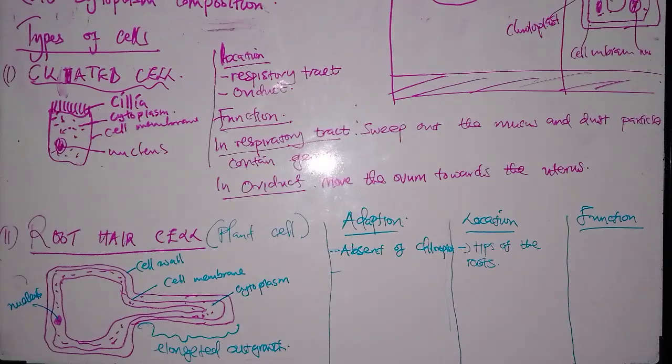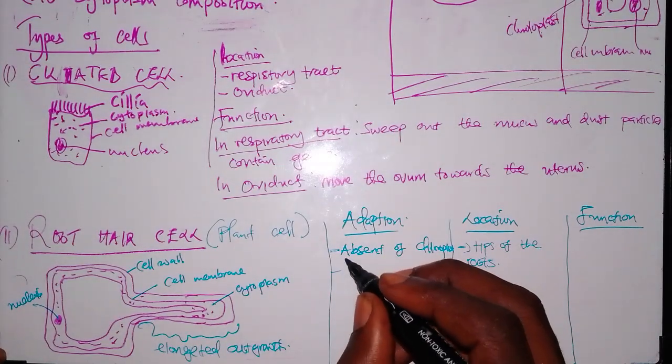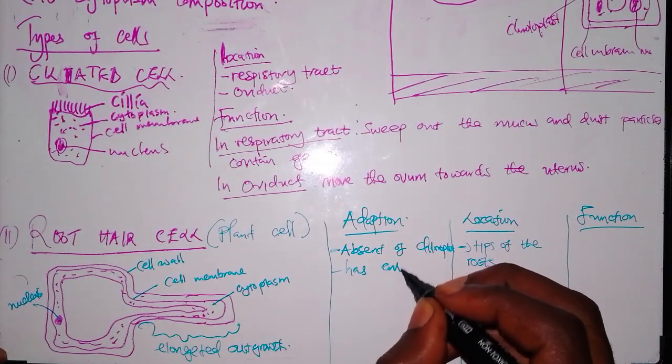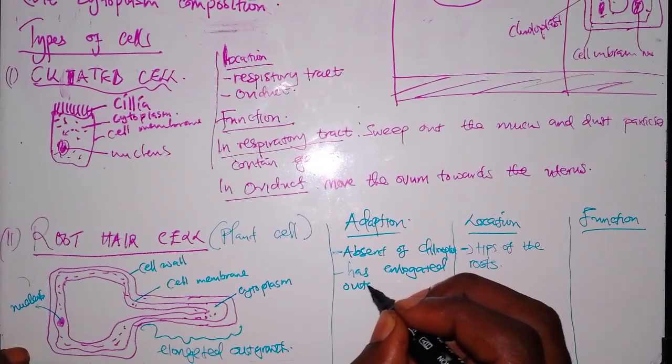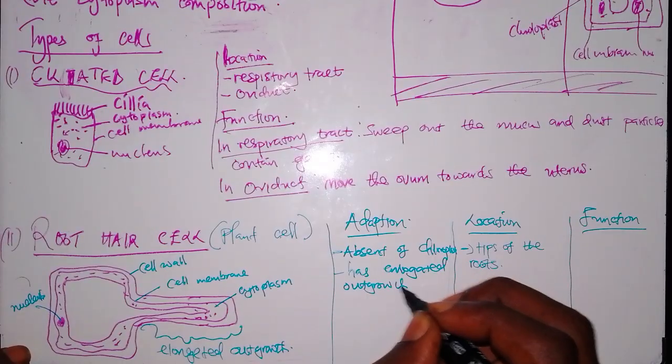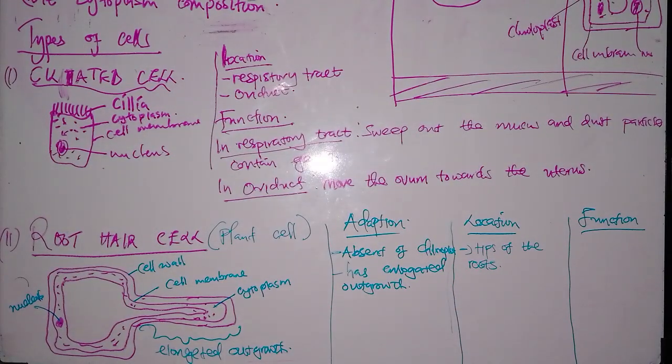To the root hair cell. So it has an elongated outgrowth. Now this brings us to our question: what is its function? Because we are seeing that it has the absence of the chloroplast, it also has an elongated outgrowth, and it is located at the tips of the roots.